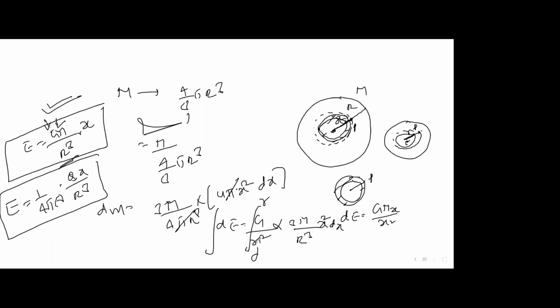Here it is the mass distribution, so gravitation is GM by r cube. That's why, if I consider the gravitational field intensity from the center to a certain radius, it varies linearly and then it falls like this. This is the gravitational field intensity at a particular point inside a sphere. Following everyone?